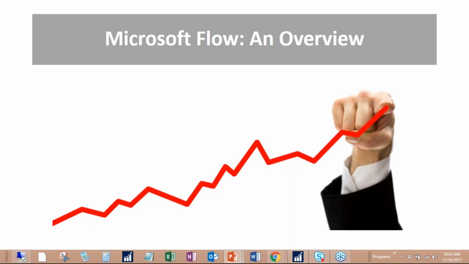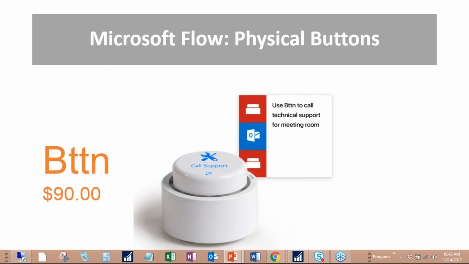Now, I talked about virtual and physical, and actually, surprisingly enough, there are some physical buttons that you can purchase. This one by the company BTTN, the button company, sells for $90, and this is the more advanced of the two options that you have right now. This one will connect via Wi-Fi, but also has a 2G and 3G connection option.